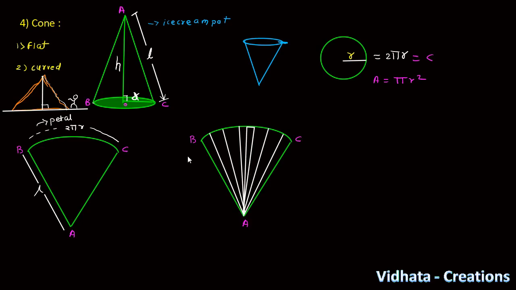Yes, because this length is L. You have already studied that this length is L. Which length? A to B is L. This will act as the height of the triangle. Now suppose here is the base of this triangle.